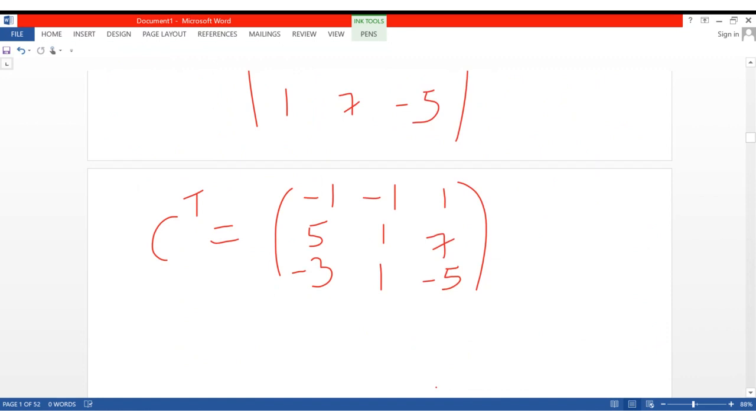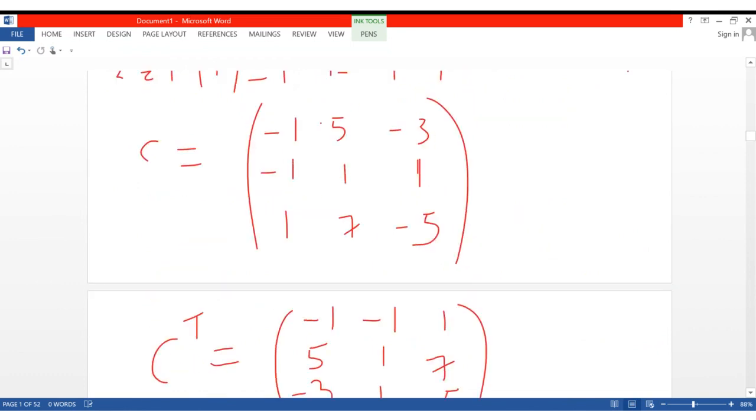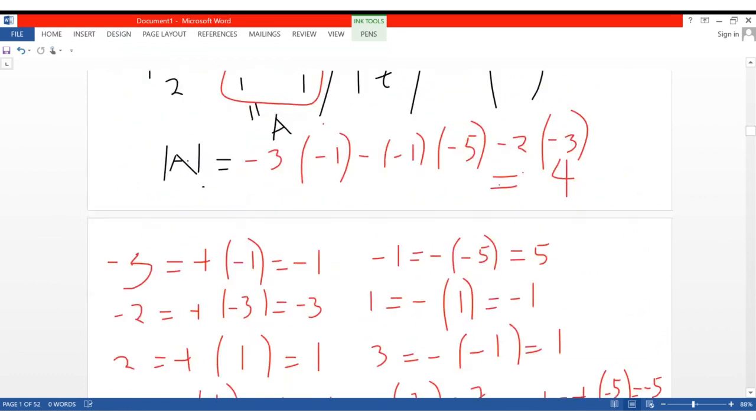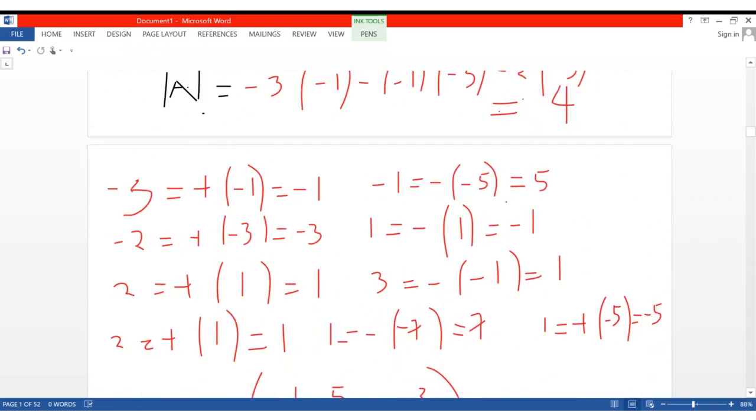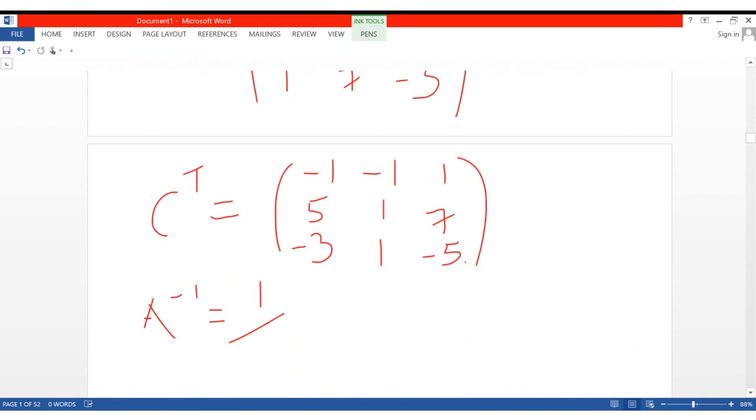Let's go to the inverse now. The inverse is given by one over the determinant, which was coming to, let me go up, the determinant was coming to 4. So 1 over 4 of the transpose, negative 1, negative 1, 1, 5, 1, 7, negative 3, 1, negative 5.